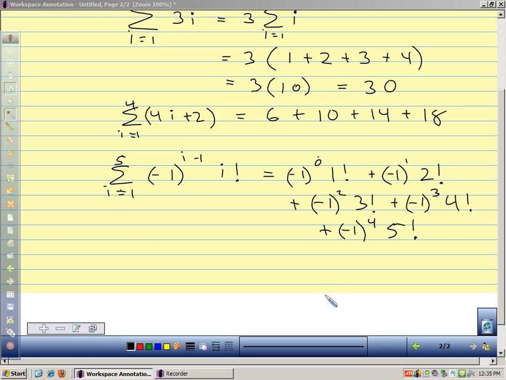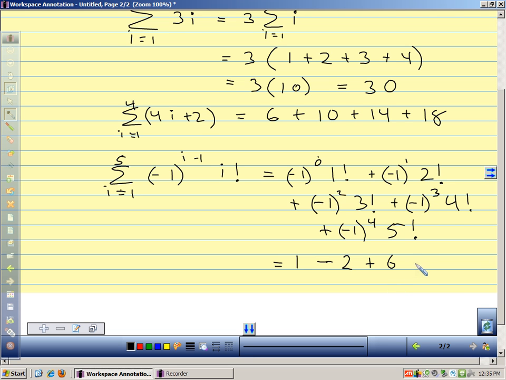And if I write each of those terms out, I get negative 1 to the 0 is 1, and 1 factorial is 1, so that's 1, plus negative 1 to the 1 is minus 1, so I have a minus sign here. 2 factorial is just 2. Negative 1 squared is positive 1, times 3 factorial is 6.